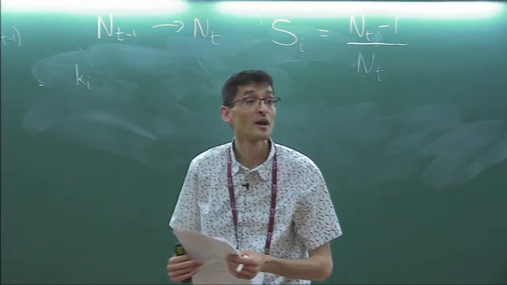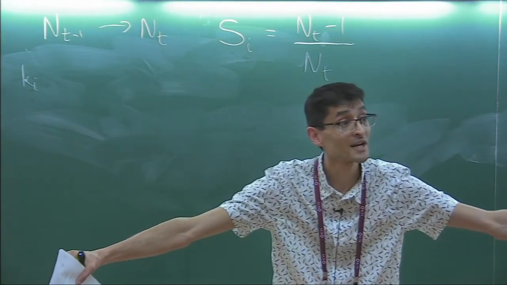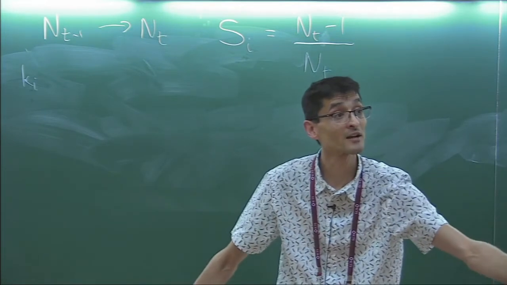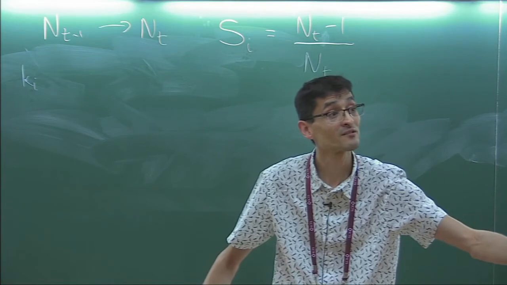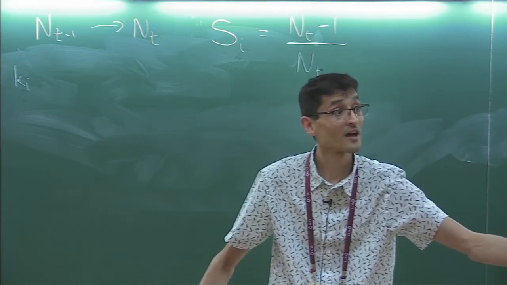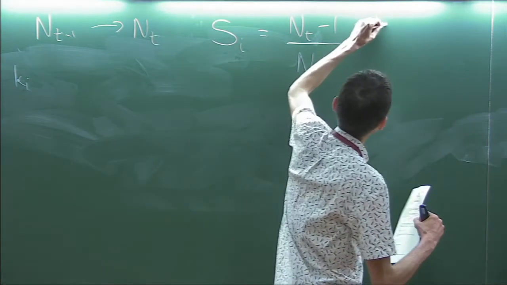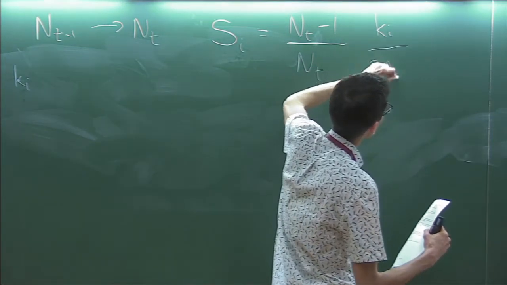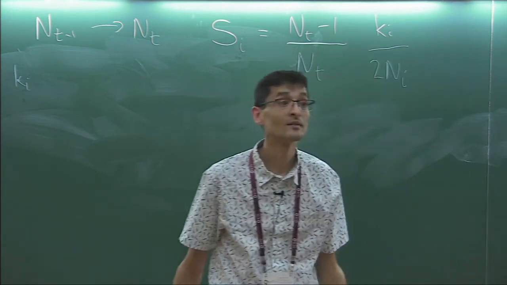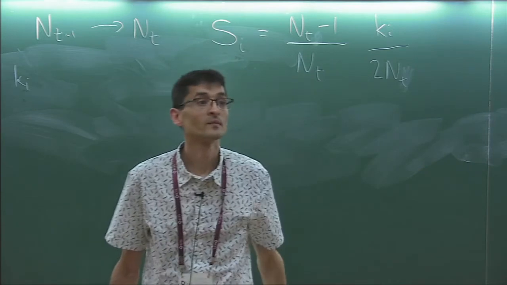So amongst all the n offspring right now, the chance that the first allele I grabbed came from the ith parent is just ki over 2nt.